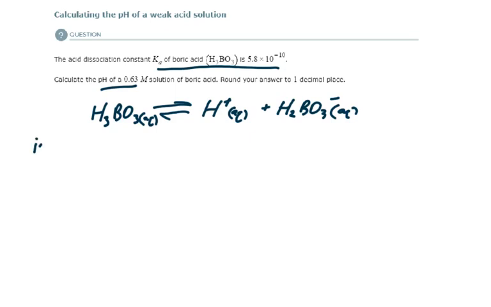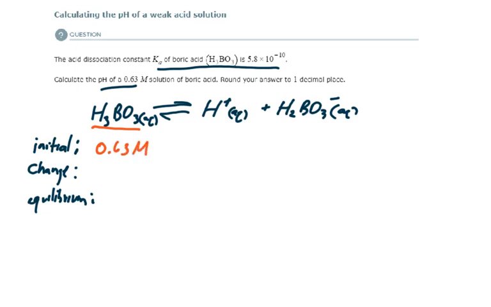To build our ice table, we have our initial, change, and equilibrium concentrations. Well, the initial concentration of boric acid is given as 0.63 molar.